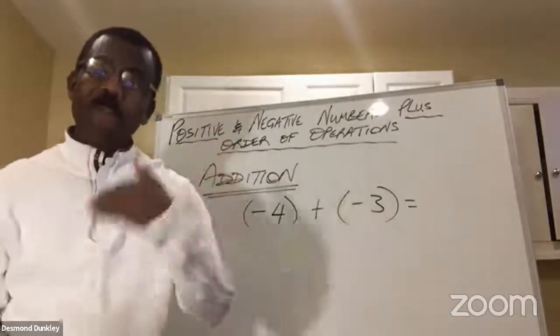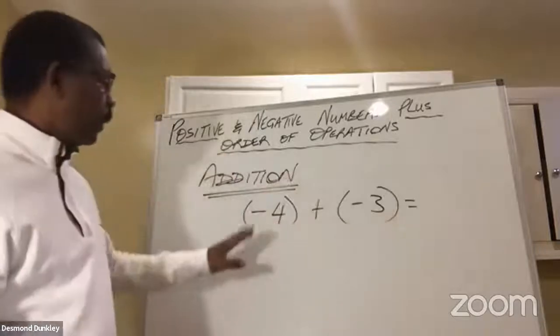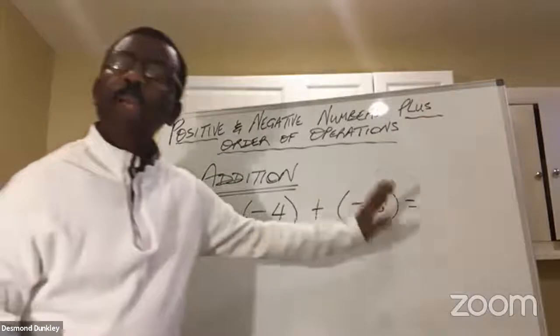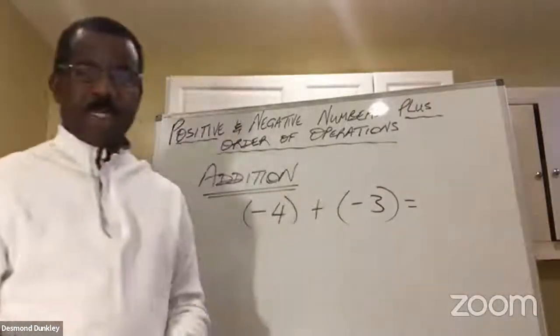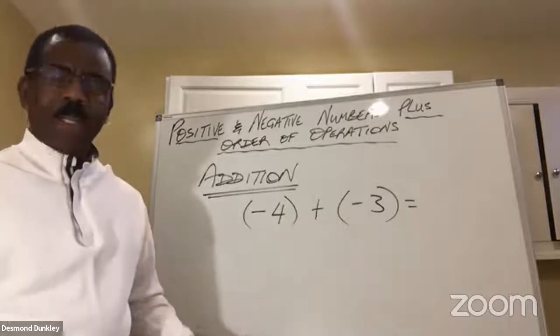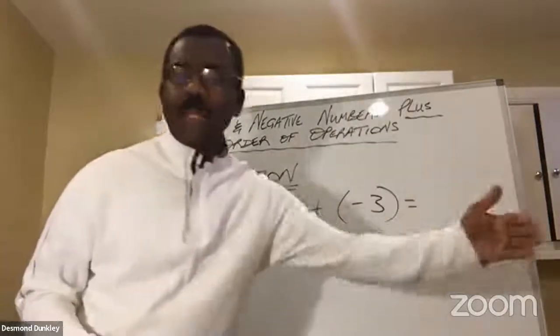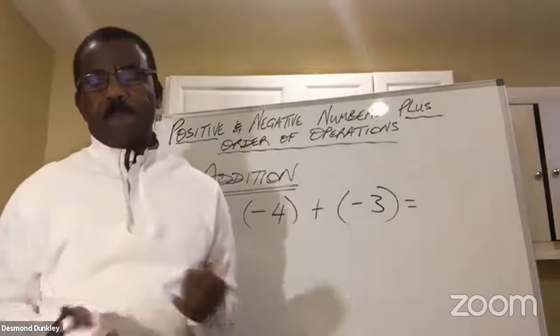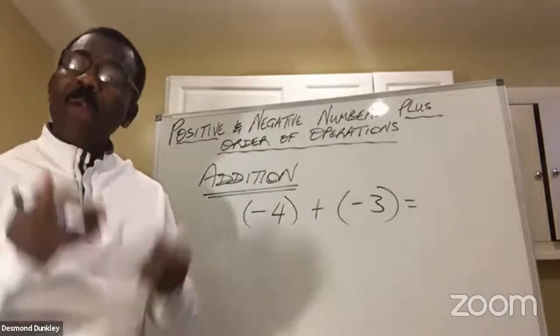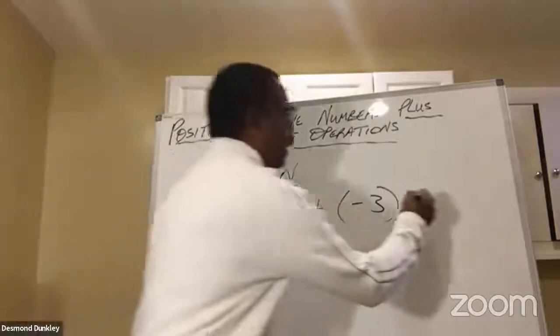It doesn't change the values or the operation. So we have 4 negatives and 3 more negatives. So what's the total? What's the overall result? The correct answer is -7.